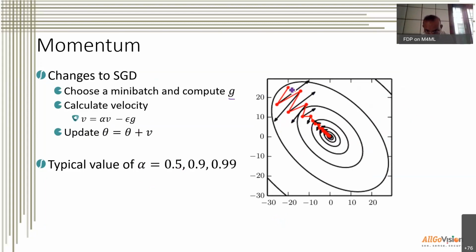The red ones are the steps taken by the momentum method, and the black ones are by the stochastic gradient method without momentum. You can see the wild oscillations of the black ones, while the red one is trying to dampen the oscillation a little bit. This is how the momentum method works.